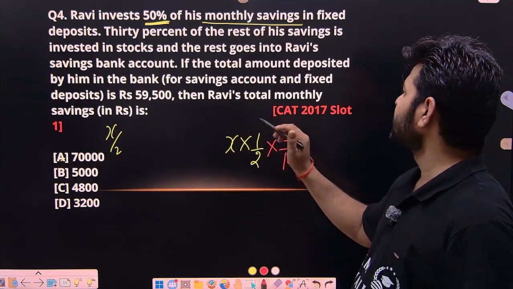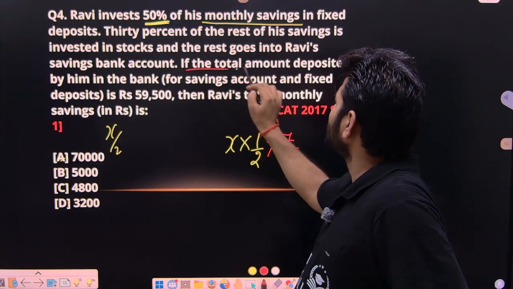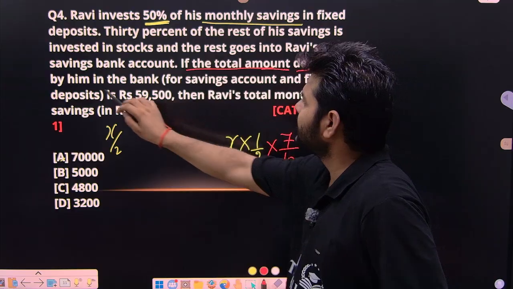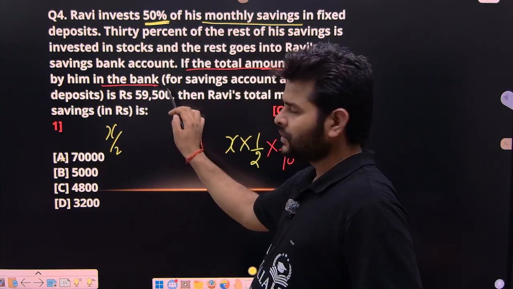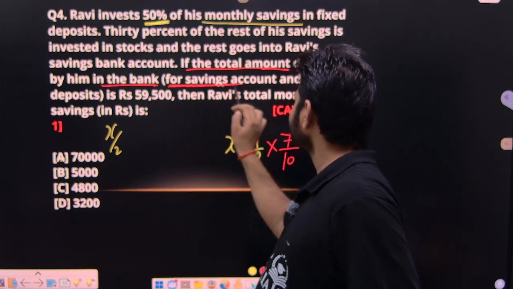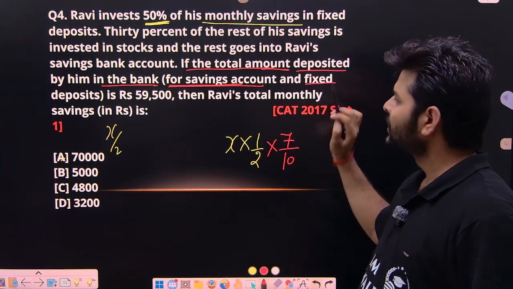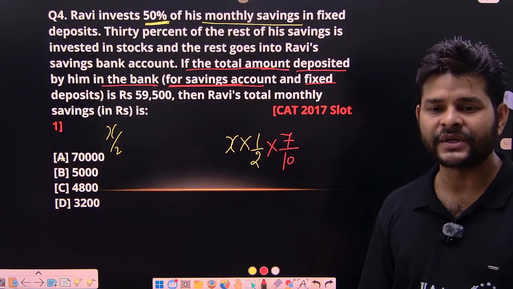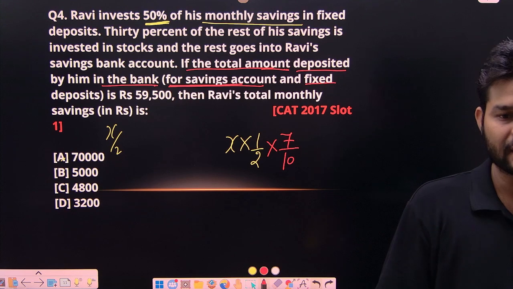Now the question is saying how much he is going to invest in saving accounts. So if the total amount deposited by him in bank, which amount? Saving accounts, whatever he has invested in saving amount, as well as fixed deposit. So fixed deposit is also a deposit in bank.